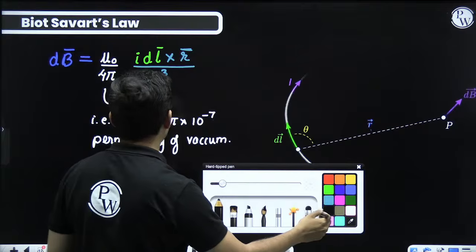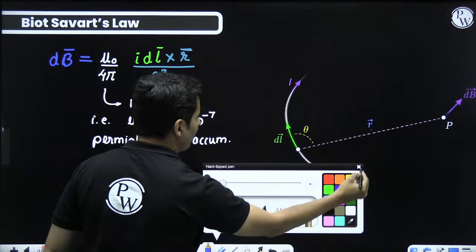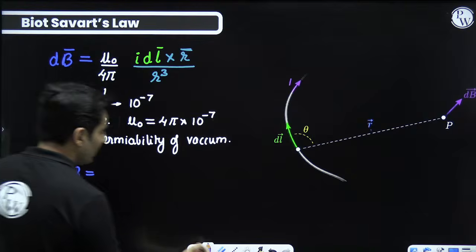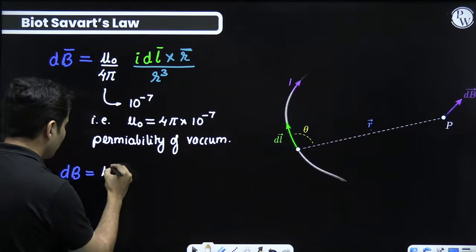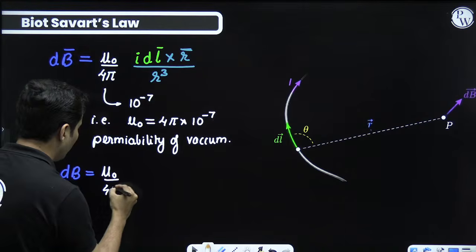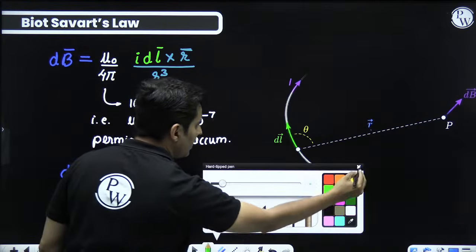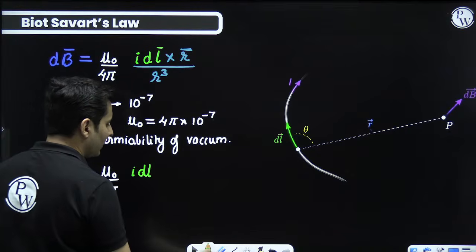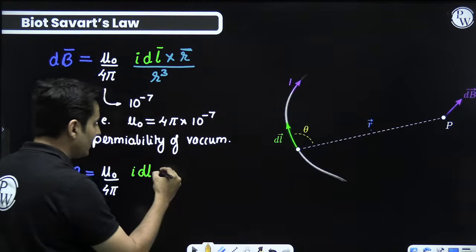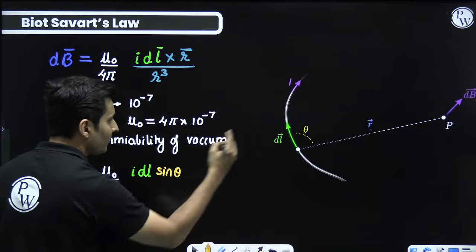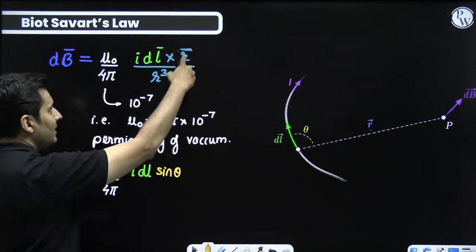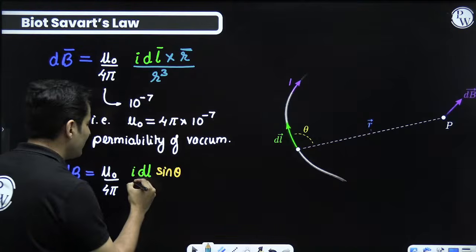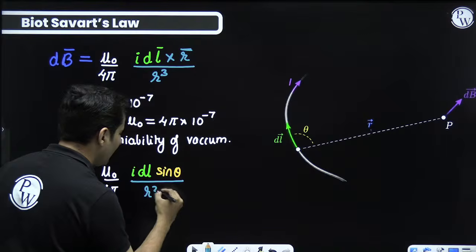Now because there is a cross product, if you want to figure out the magnitude, it's clear that dB will be nothing but mu naught by 4 pi, you will have I, you will also have dl. Cross product will be replaced by sine of theta, which is the angle between dl and r, and this r and this r cube will obviously cancel and I will be just left with r square.